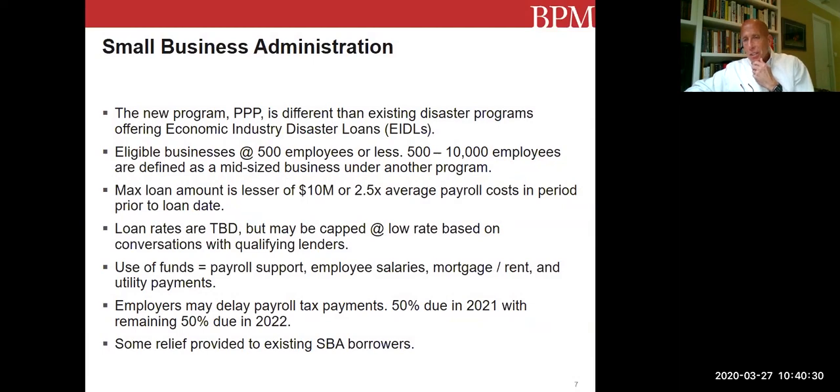The language as it currently exists, Terry, is that the maximum loan amount would be the lesser of $10 million or 2.5 months of average total monthly payroll costs for the 1 year period prior to the loan date. So you're able to look back a year, you calculate the average monthly payroll, and then you take 2.5 times that.